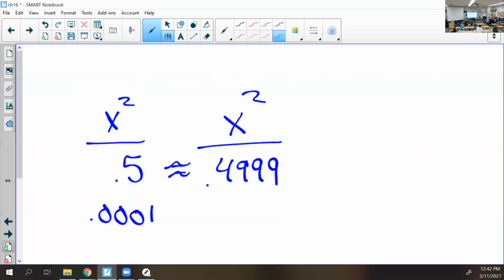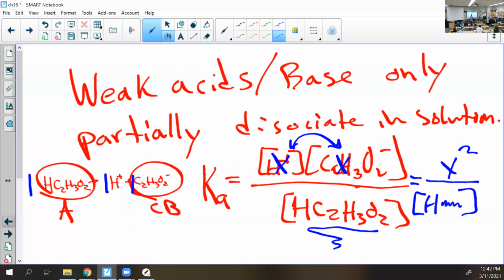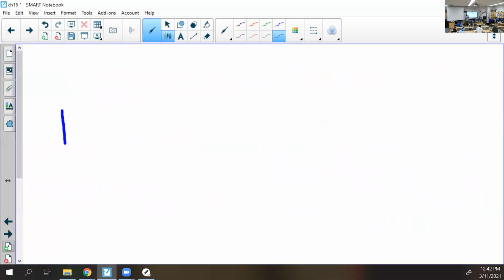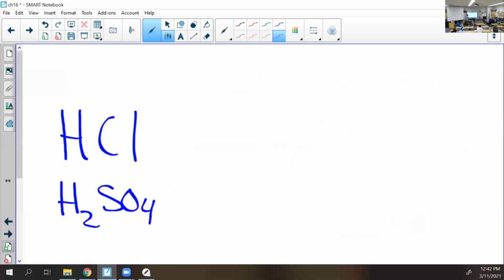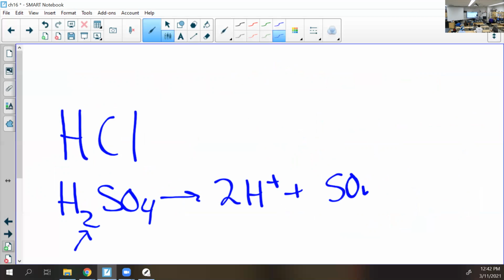So this is what's really cool about the Ka of a weak acid. The Ka for a weak acid will always be, as long as it's monoprotic. What I mean by monoprotic is the following. If it's like HCl, monoprotic; H2SO4, diprotic. And that matters because then we'd have 2H plus and 1 SO4 minus, so then we'd have an exponent, and that's where it gets weird.